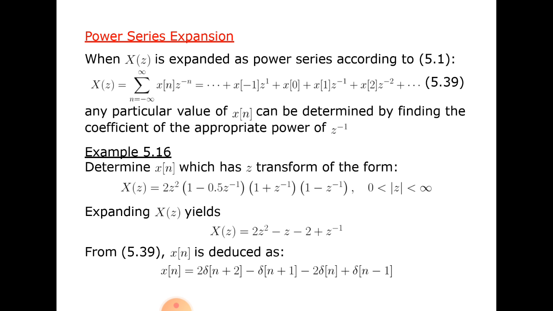So any particular value of x(n) can be determined by finding the coefficient of the appropriate power of z, and determining x(n) which has a transform of the form X(z) equal to 2z squared into (1 minus 0.5 z^-1) into (1 plus z^-1) into (1 minus z^-1), where modulus of z is greater than 0 and less than infinity.